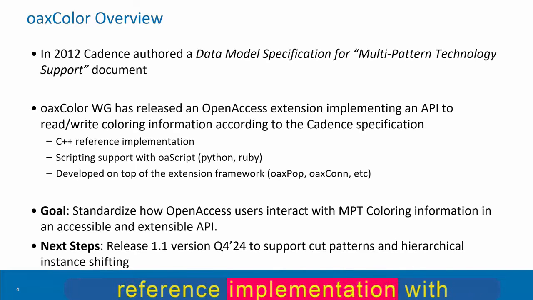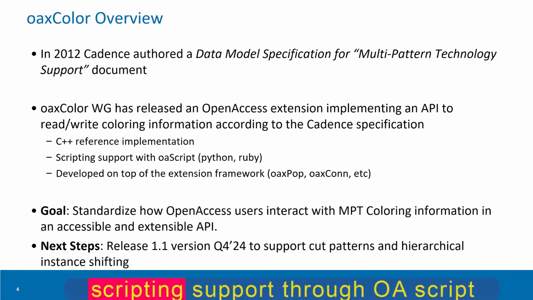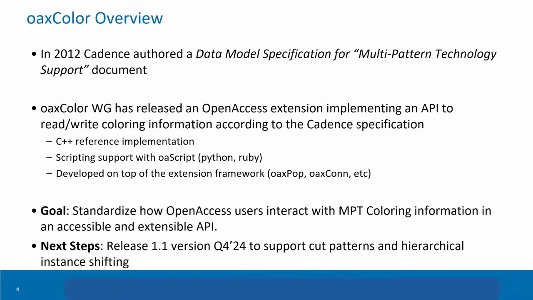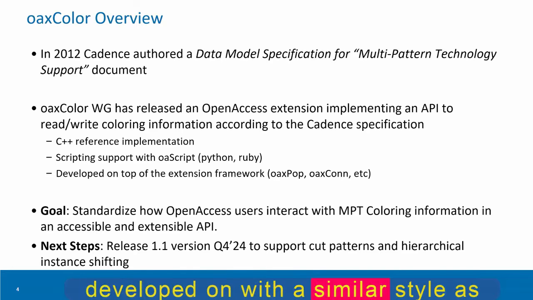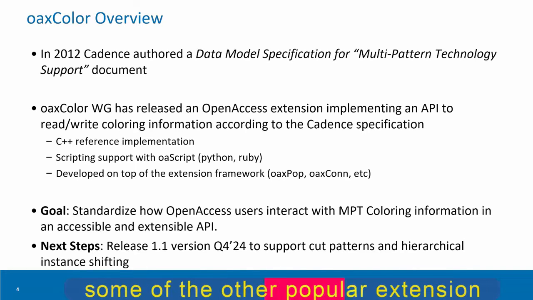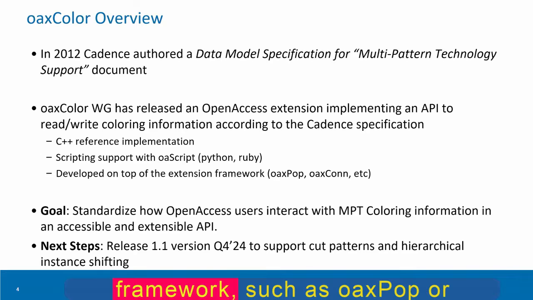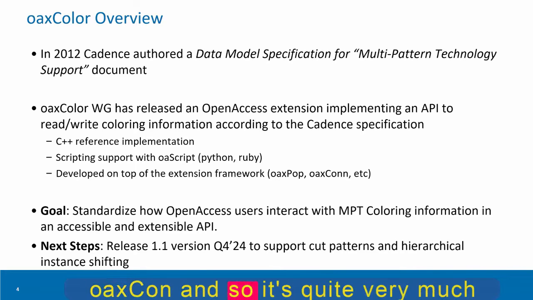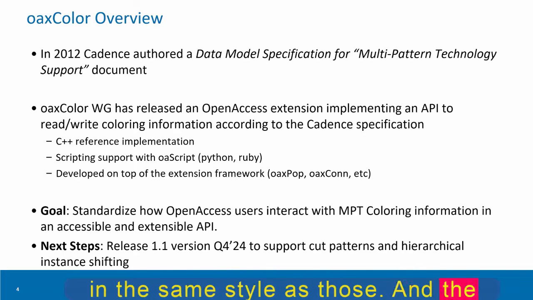It's a C++ reference implementation with scripting support through OA script in Python and Ruby, developed in a similar style as some of the other popular extension frameworks, such as oaxPop or oaxCon. So it's very much in the same style as those.